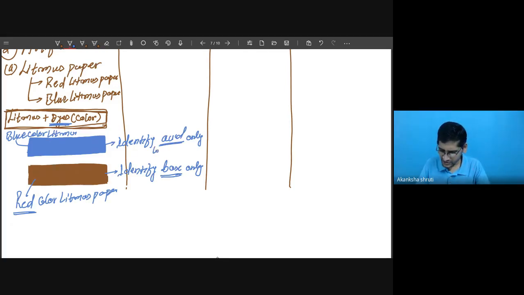So to red means turn to red, this turn to blue. But if the litmus paper itself is blue and you are dipping it in the base, then you cannot identify it. So therefore it is quite specific and we have to take care.